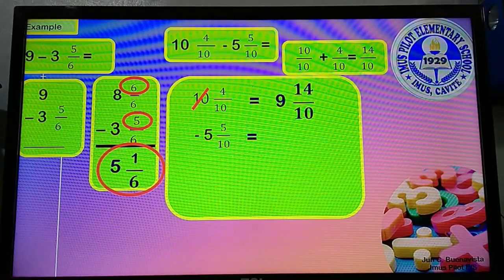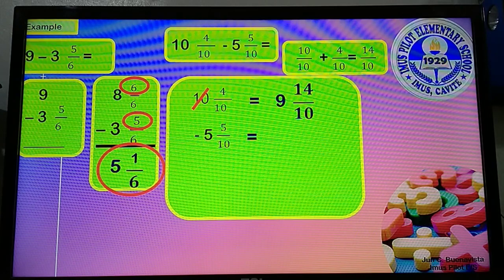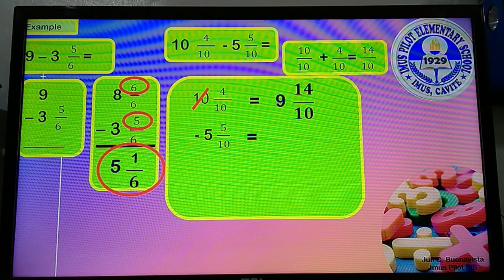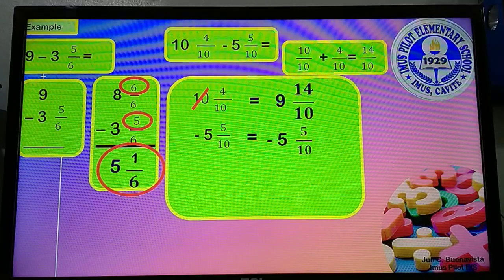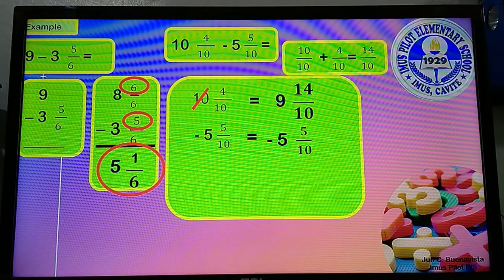Okay. Now, copy the subtrahend, which is minus 5 and 5/10. Can we subtract now? Yes, because we have the same denominator and the numerator of the minuend is greater than the numerator of the subtrahend.